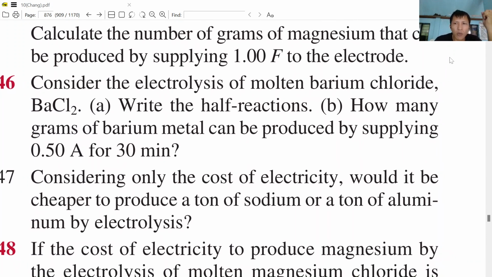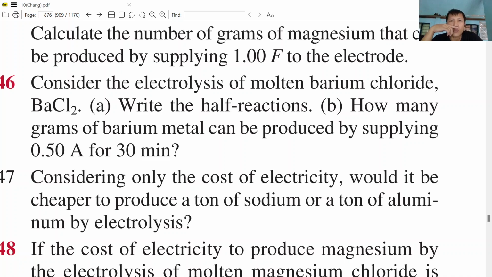Consider the electrolysis of molten barium chloride, BaCl2. You have A and B. For A, write the half reactions, and for B, how many grams of barium metal can be produced by supplying 0.50 ampere for 30 minutes. So basically, for A, you just write the half reaction.